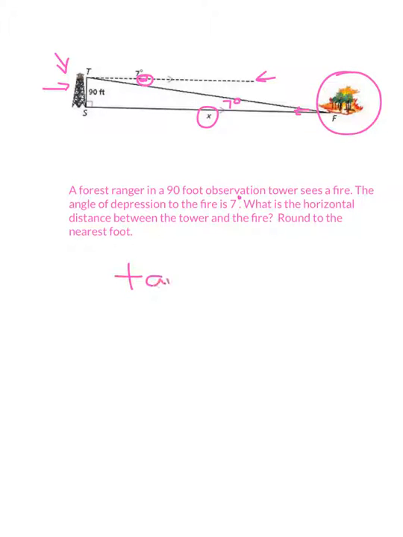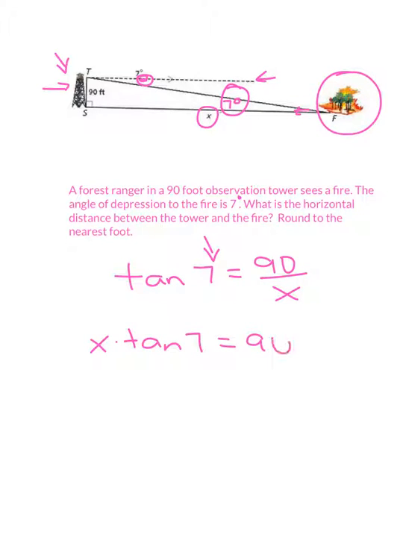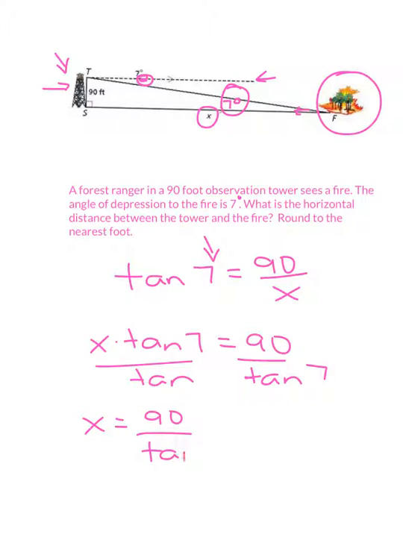So I have tangent of 7 is equal to 90 over x. Notice the 7 degrees that I used was my inside angle because I need to use an angle that's inside the triangle. So I have x times tangent of 7 is equal to 90. Divide both sides by tangent of 7. So I know x is equal to 90 over tangent of 7.